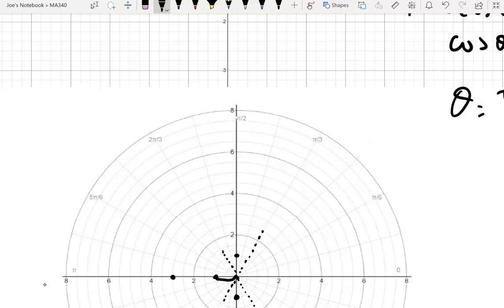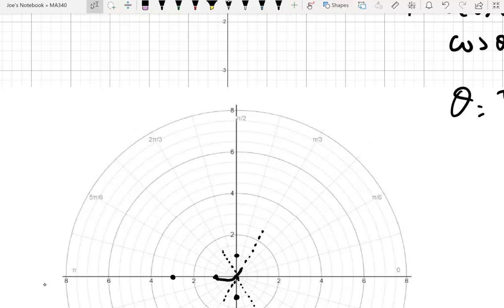When we're at pi over 3, which is this line here, my graph is at 0. So that's why I'm using this line to help me go in. So we're drawing it this way, going in closer and closer to the pole, hit the pole, come back out of the pole. Where are we going to go to next?